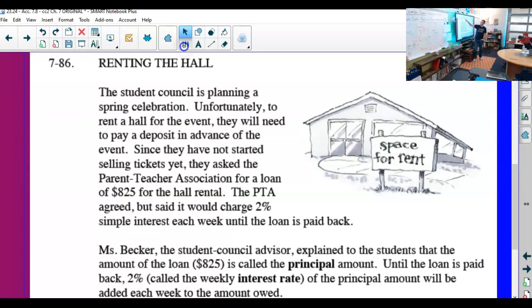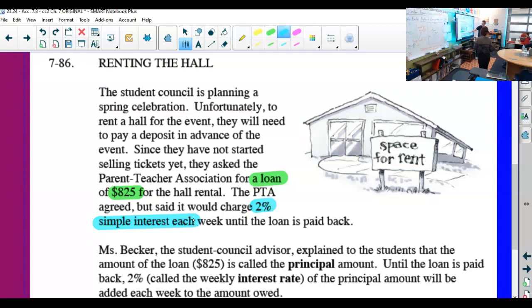Okay. The student council is planning a spring celebration. Unfortunately, to have the rent for the event, they will need to pay a deposit in advance of the event. Since they haven't started selling tickets yet, they asked the Parents Association for a loan of $825. That feels important. For the hall rental. The PTA agreed, but it would charge 2.5% until the principal loan is paid back.